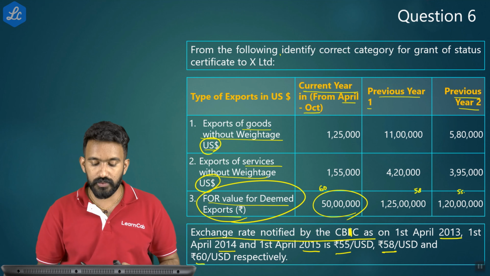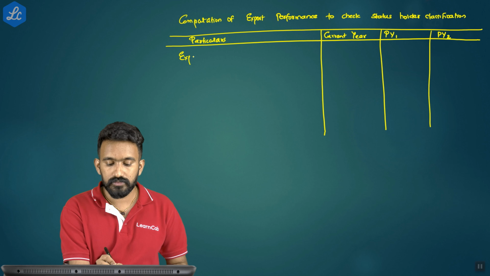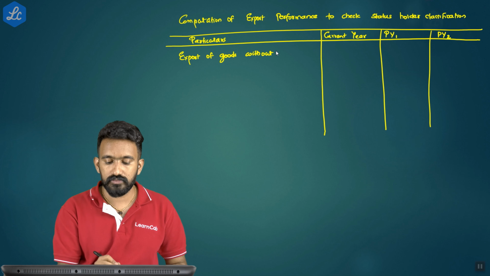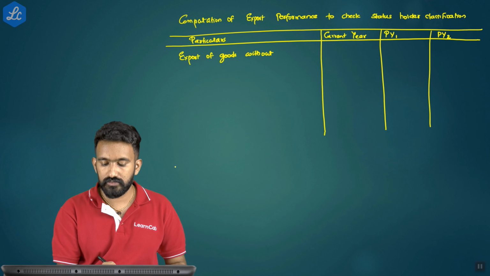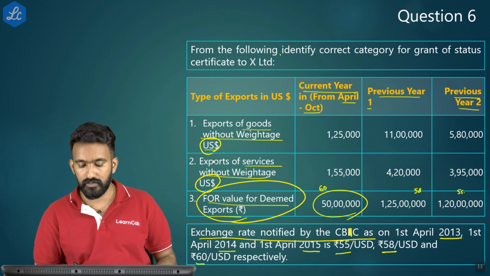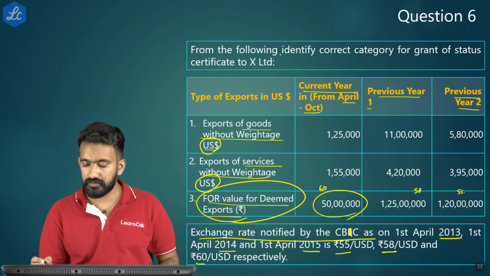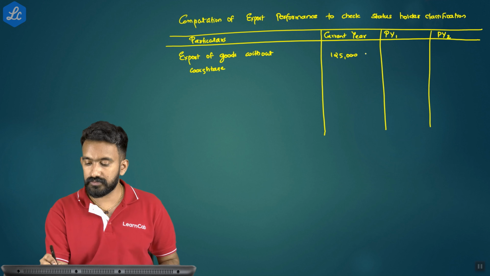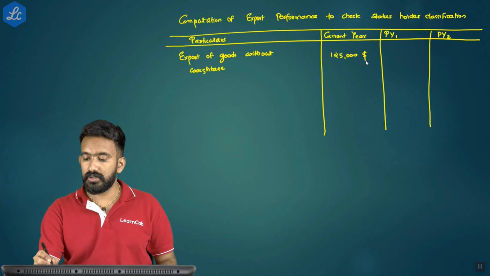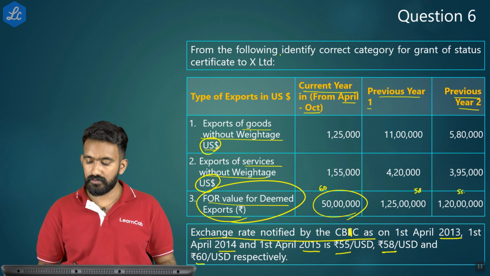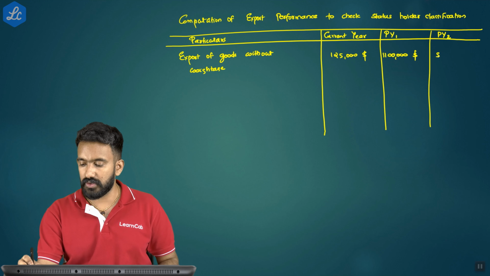So first is export of goods without weightage. That is $1,25,000, then $11 lakh, then $5,80,000.